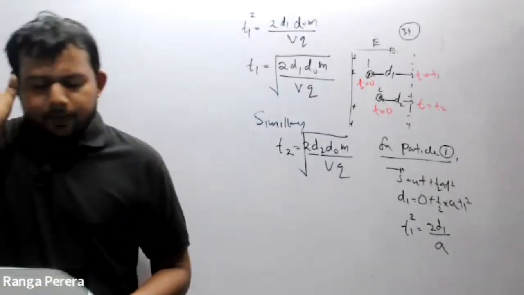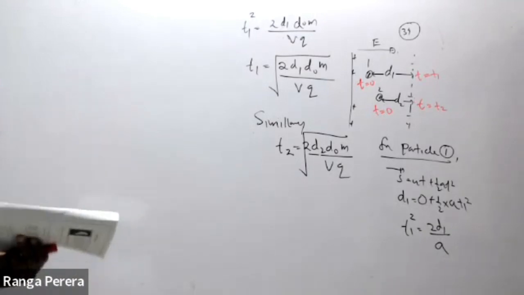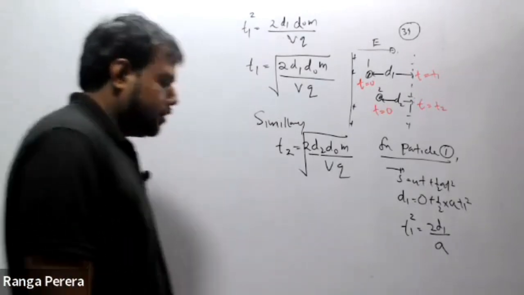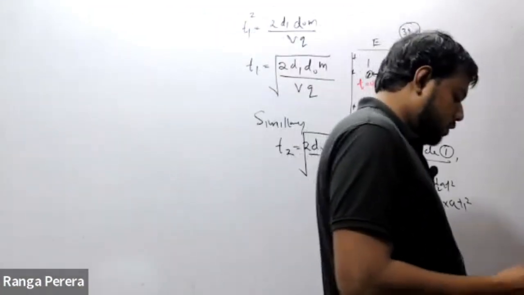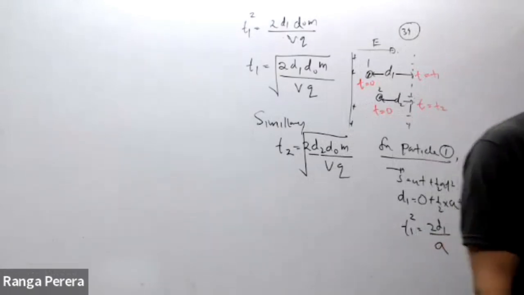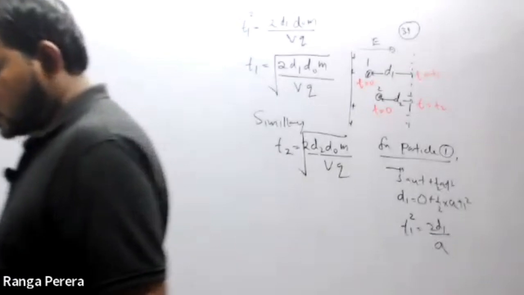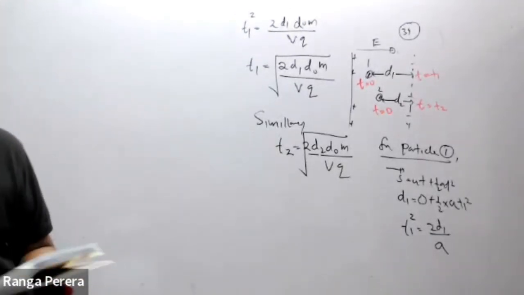So that means ion number 2 reaches the mesh first.